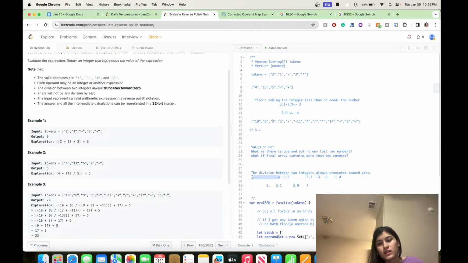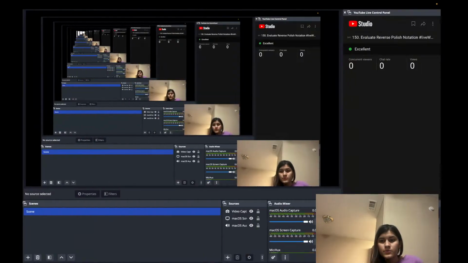It will always go towards the left. If it is 3.1, then it will go left, 3, it is less. Minus 3.9, what is the lesser number? Minus 4. So yeah, I should take this into account.